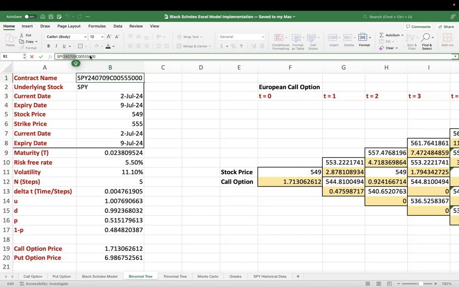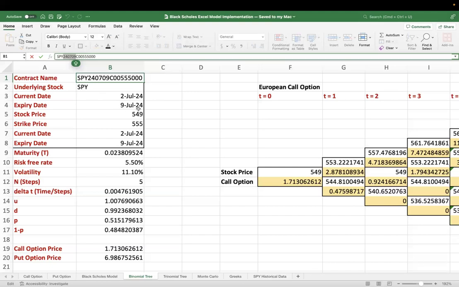The day I was checking this contract was 2nd July 2024. So on that day, I was looking at a 1 week expiry contract.